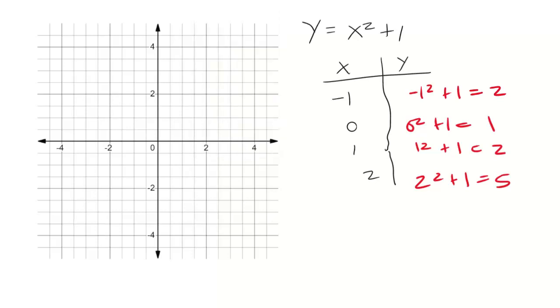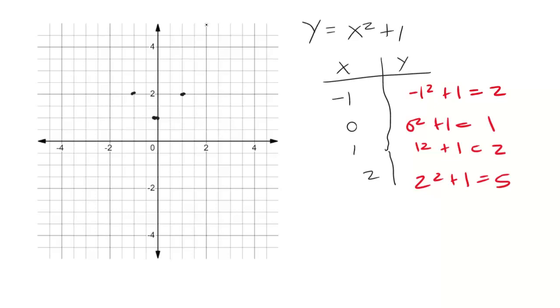So I have -1, 2, then 0, 1, then 1, 2, and then 2, 5.